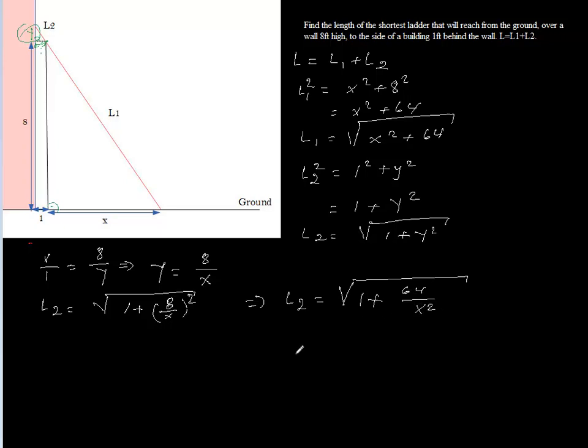Now that comes to our final length, the length we are looking for, L. We say that L is equal to L1 plus L2. We add them up. So L is equal to L1, we found L1, square root of x squared plus 64, plus L2, square root of 1 plus 64 over x squared. So this is what we are looking for.